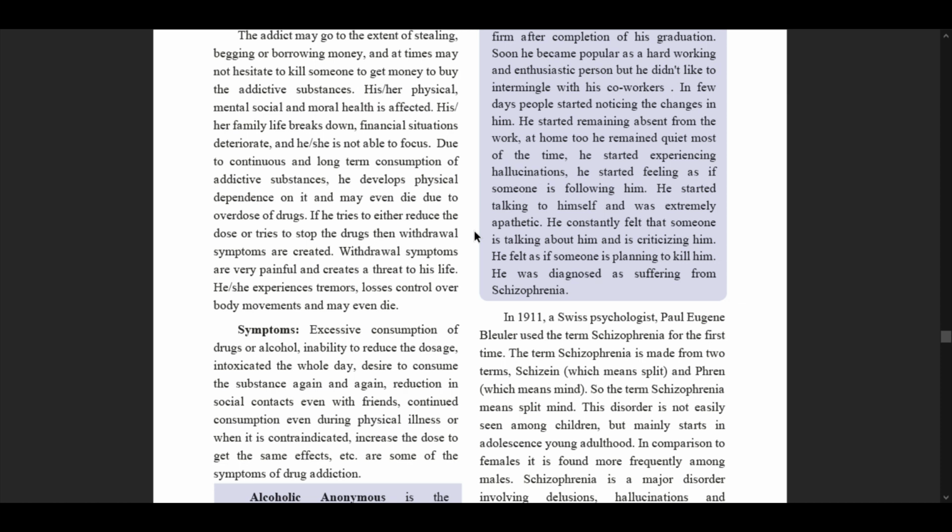Increase the dosage to get the same effects, etc. are some of the symptoms of drug addiction.